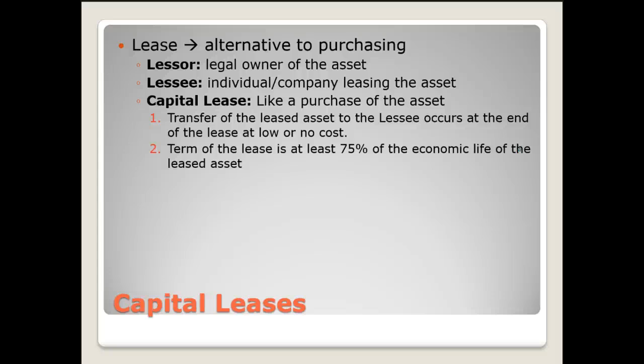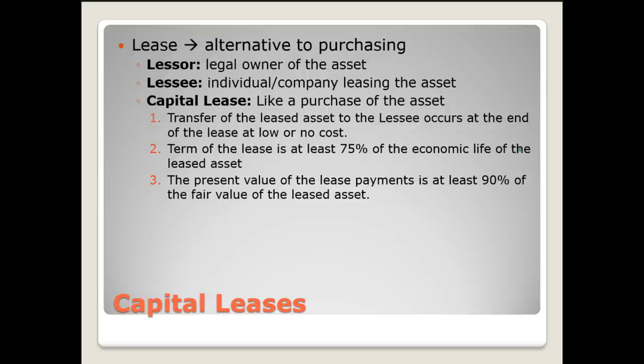A capital lease also would have a term that is at least 75% of the economic life of the leased asset. A capital lease, lastly, would have a present value, that means the present value of all the future lease payments. They would total at least 90% of the fair value of the asset.